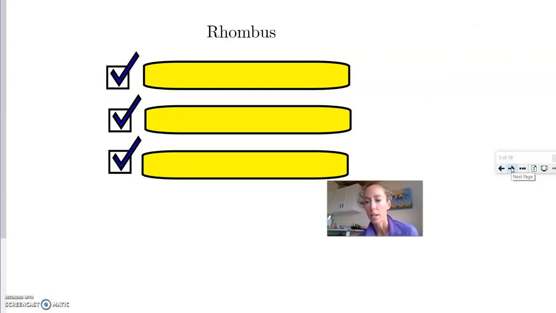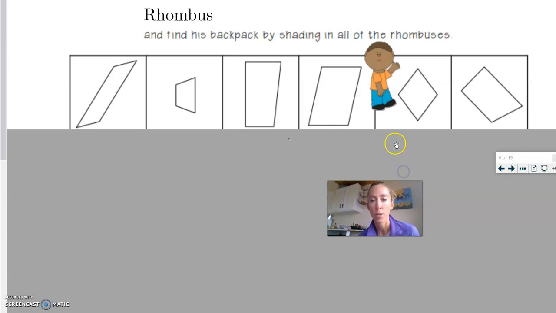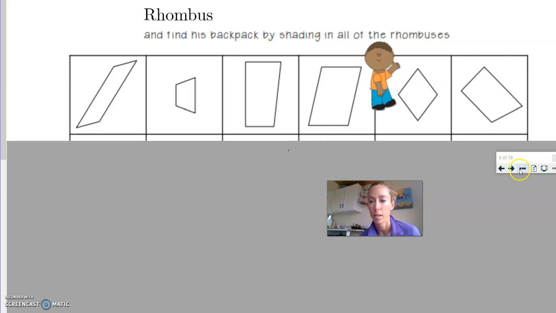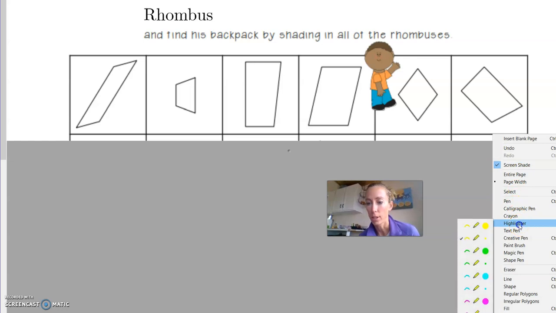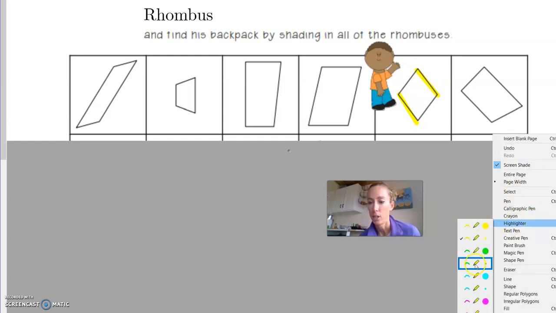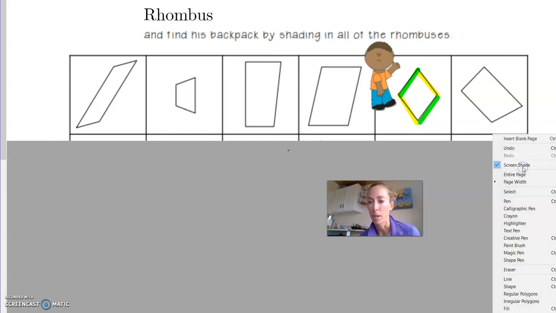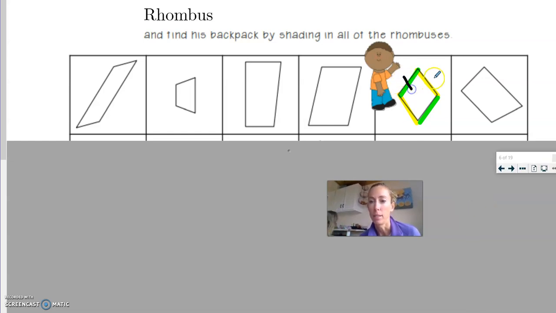I put the rhombus on here for the 3rd one. 3 things have to happen here where the 4 sides are the same. And then when we go through in color, we could have 2 colors again, where I go, okay, well, this one is the rhombus because it has 1 set, and then 2 sets, and then I pick up my pen, and I put these little dash marks in here, and that means that all these sides are the same, congruent.